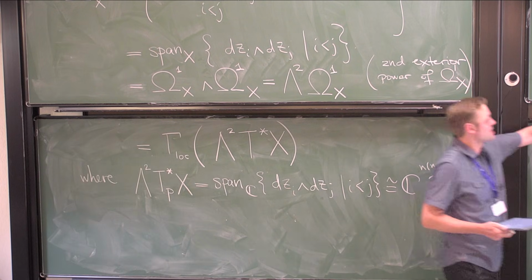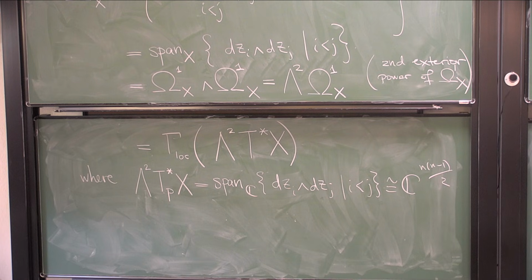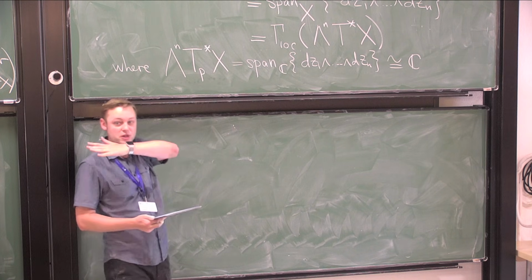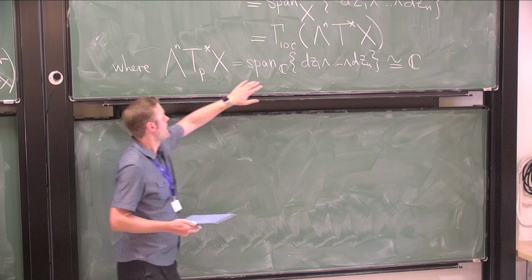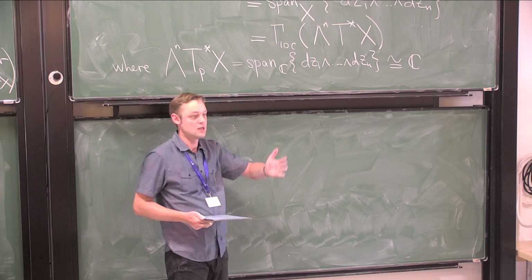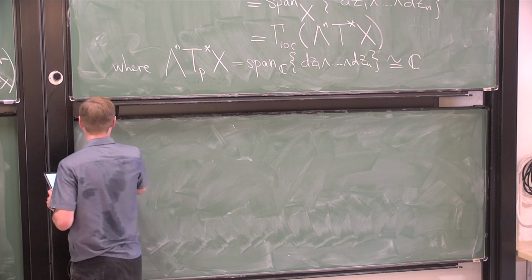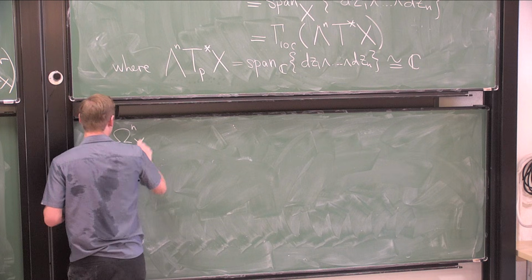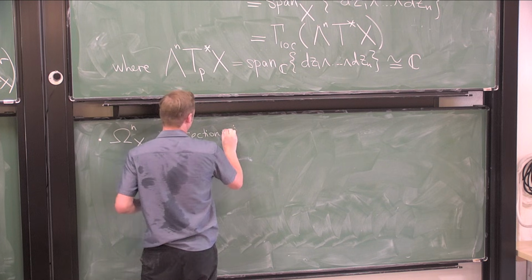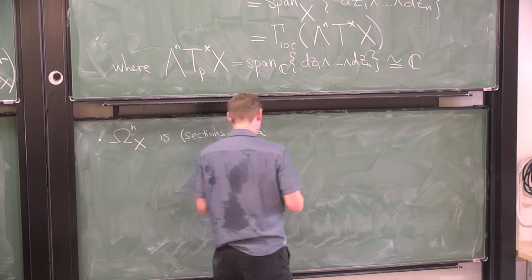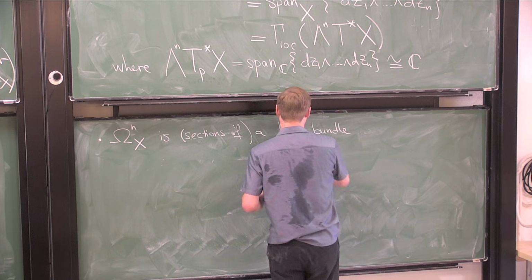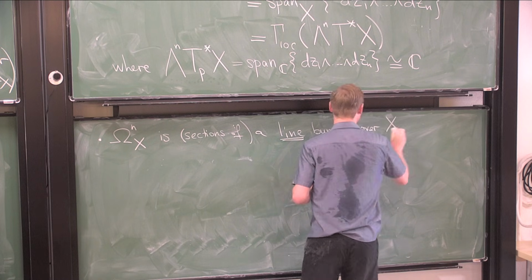And in this case, this is a very special case where you take all of these vector spaces and put them together for all p, but now the fibers are one-dimensional complex vector spaces. And so we call that a line bundle. So Omega^n_X is, if you want to be pedantic, sections of a line bundle over X. It's a very important line bundle.